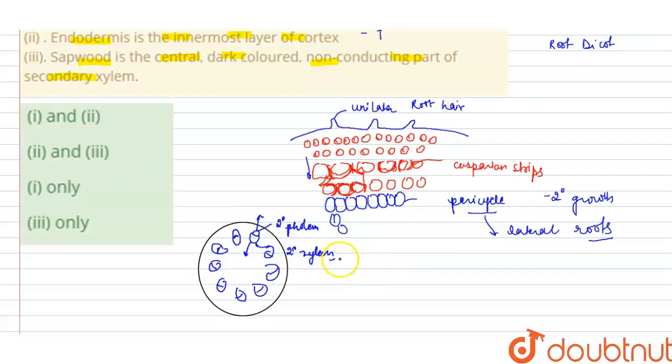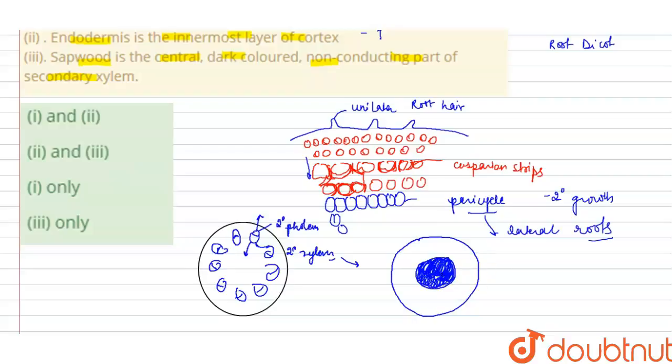Now what happens in this secondary xylem? Over a long run, these cells get deposition of organic material like tannins, oils, essential oils and resins. Because of this deposition, the wall of this secondary xylem becomes lignified.